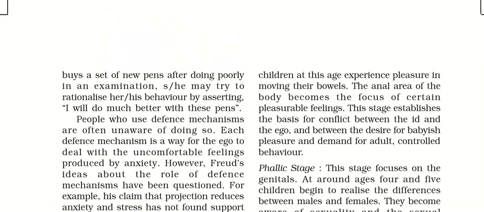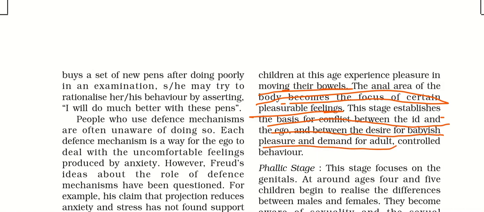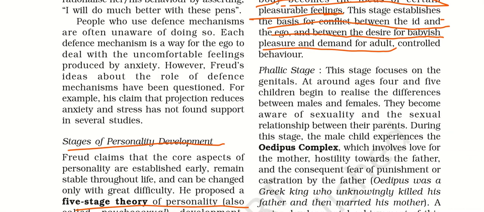Most children at this age experience pleasure in moving their bowels. So the anal area of the body becomes the center of pleasurable feelings. This stage establishes the basis of conflict between the ego, the desire for babyish pleasure, and the demand of adult-controlled behavior.